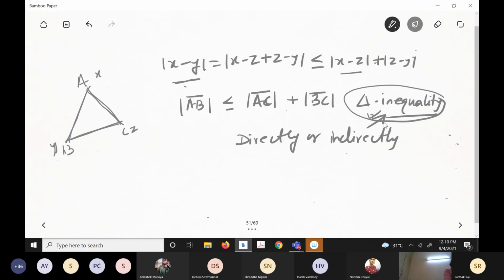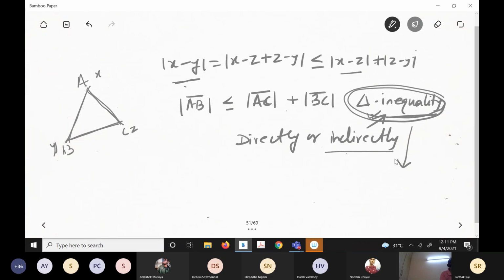Indirectly means you are proving a result, and to prove that result you are using another result, and that result uses the triangle inequality. In fact, if you don't use the triangle inequality, you are not going to get a good result. So the triangle inequality is the most important one, that you try to manipulate and try to use.